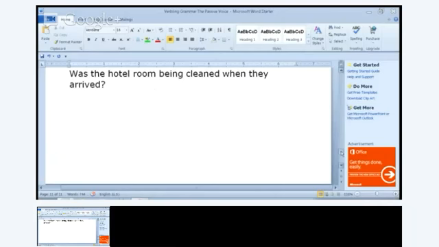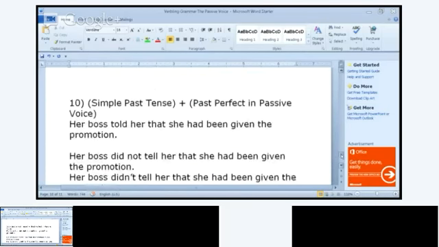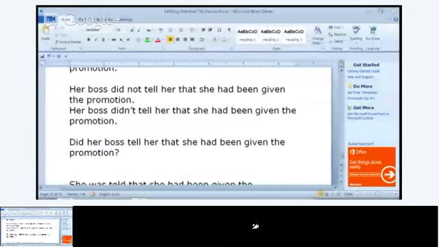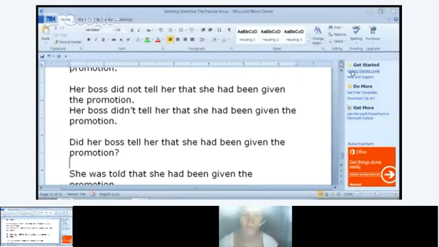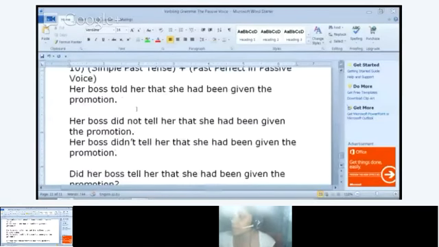Where are we? Could someone please practice with their pronunciation on this? You want to read? Yeah, please. Her boss did not tell her that she had been given her permission.